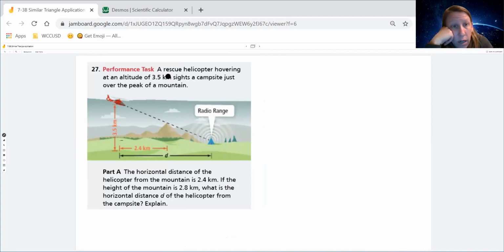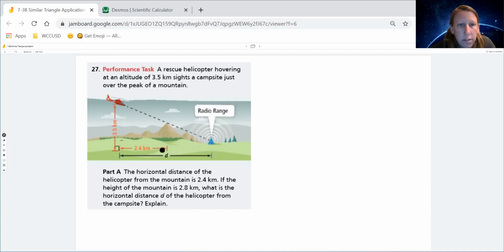A rescue helicopter is hovering at an altitude of 3.5 kilometers above the ground. A 90-degree angle is above the ground. It sees over this mountain range a campsite over the peak of this mountain. The horizontal distance of the helicopter from the mountain is 2.4 kilometers.